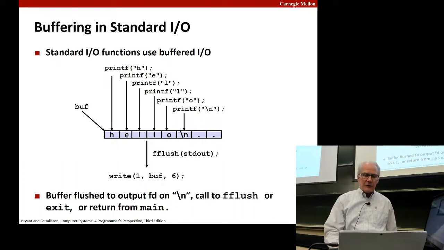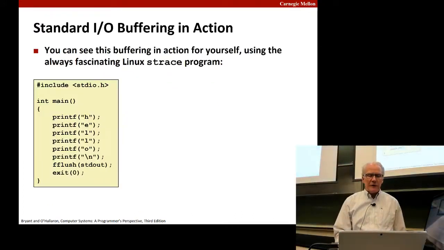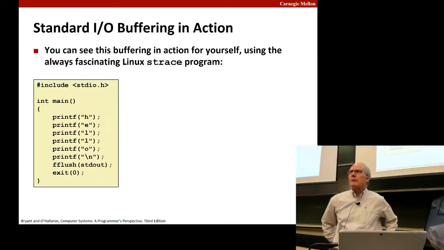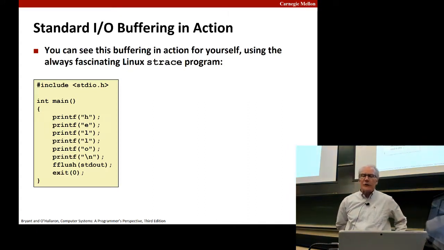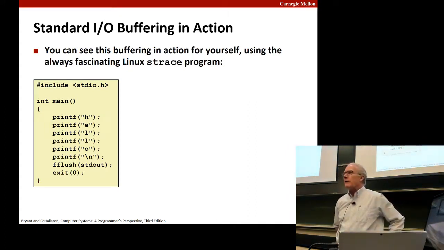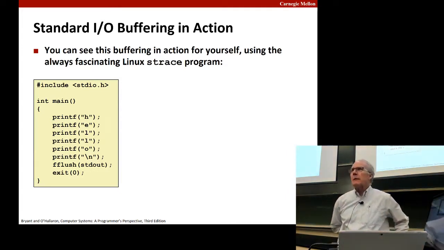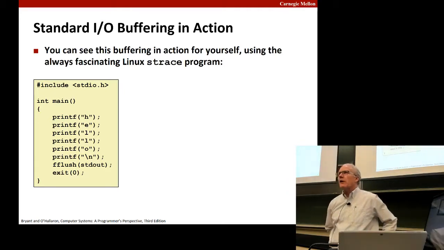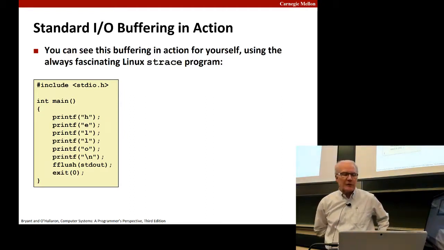You can even trace that if you write a simple example and use a program called strace, which lets you track what system calls are being made by a program. Remember I showed you before how you can track calls to library functions by what's called interpositioning. strace does interpositioning for all system calls.